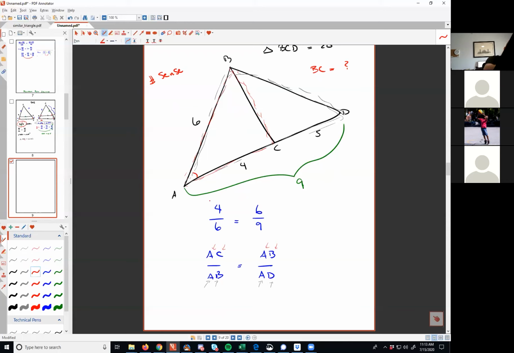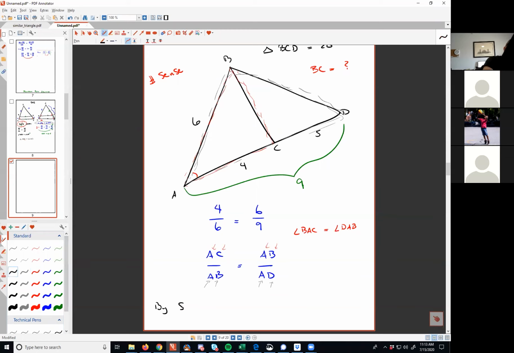Angle BAD. We could say angle BAC is equal to angle DAB. I could have said BAD, but I wanted to write it in the same order in which we're going to write the sides.